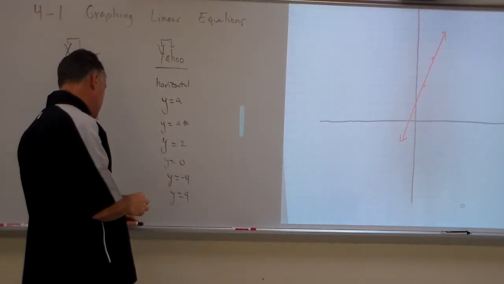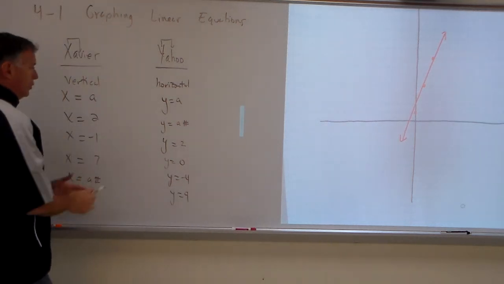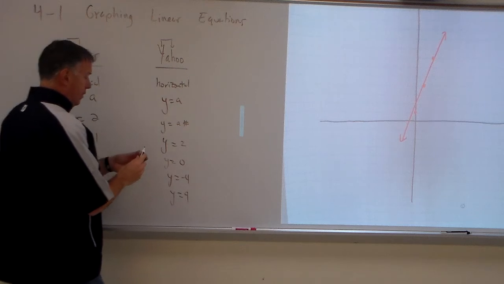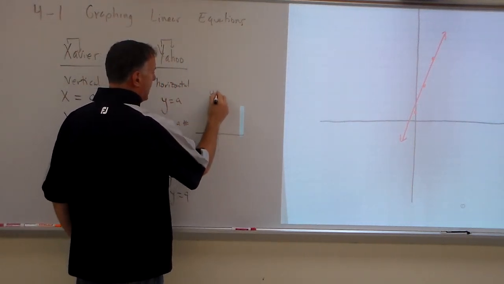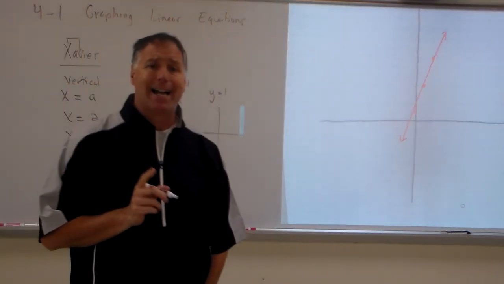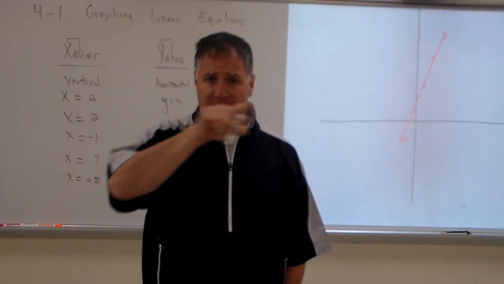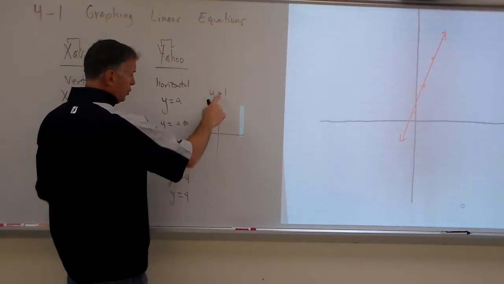So let's talk a little bit about graphing those horizontal lines. We'll do the horizontal, then we'll come back and look at the vertical. So if I want to graph the horizontal line y equals 1, I want a horizontal line that goes sideways through 1.